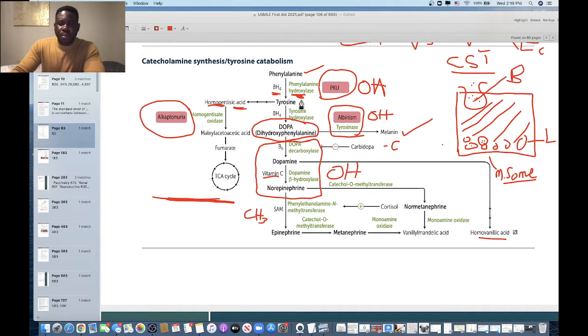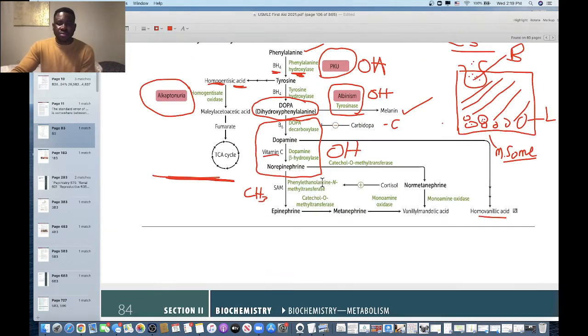In the Q banks, they know that most people associate phenylketonuria with phenylalanine hydroxylase deficiency, but they also want you to know that BH4 deficiency can lead to the same thing, because both of them control this pathway. It can also be like that here, because if BH4 is affected, we have decreased dopa, dopamine and everything will also be affected.